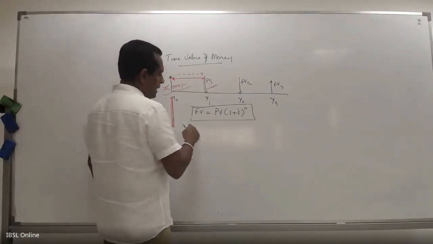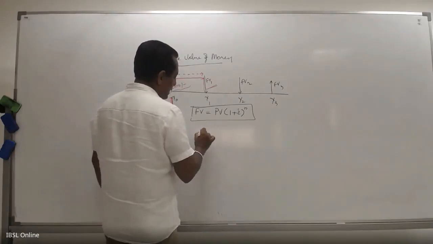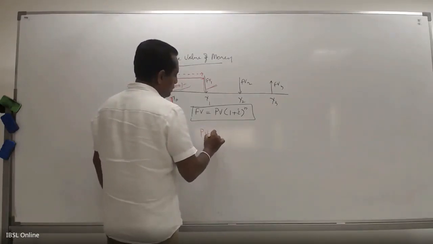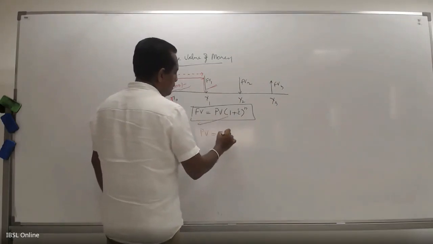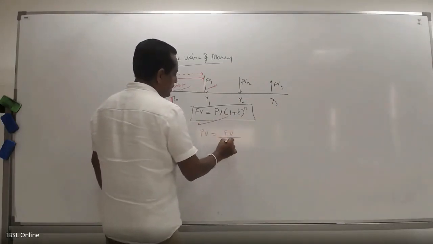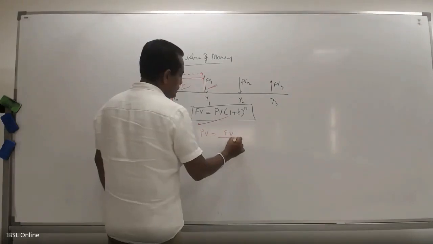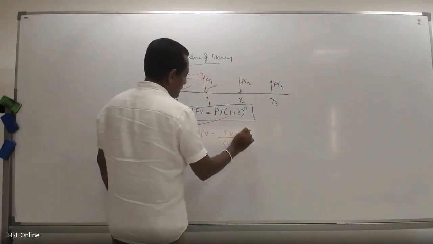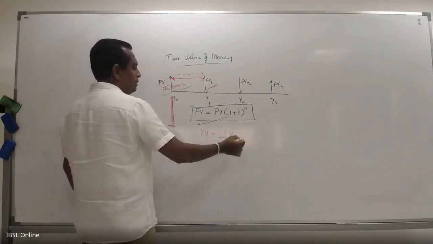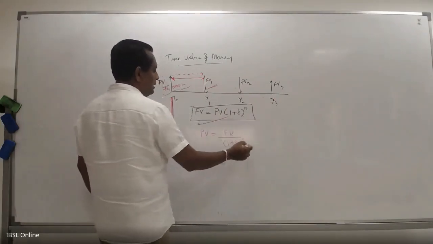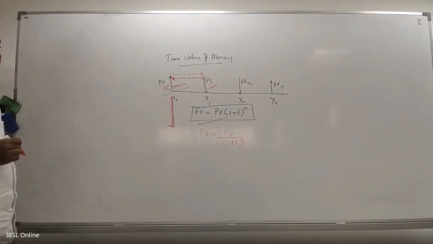We work out that present value equals future value divided by 1 + I to the power n. If it is 2 years, year 2, this will be 2. If it is year 3, this will be 3. Right?